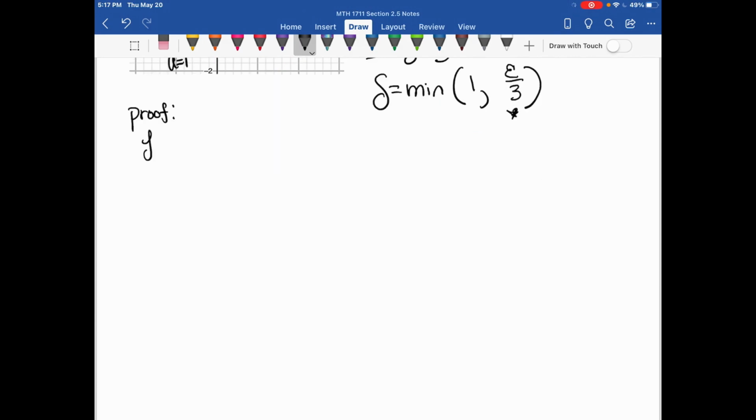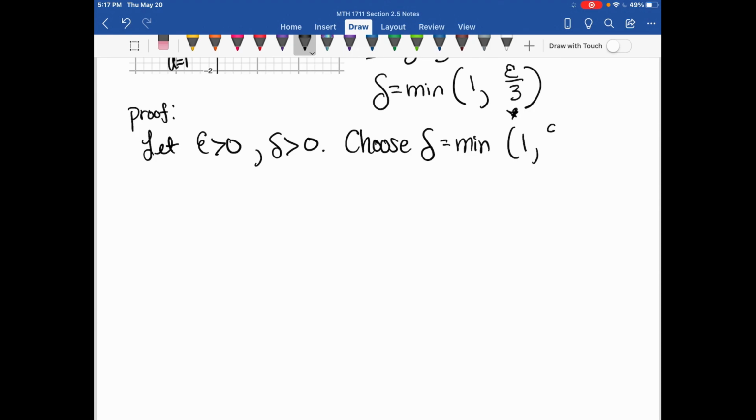So we're going to start with saying let epsilon be greater than 0. We're going to choose delta so that it's the minimum of 1 or epsilon over 3.